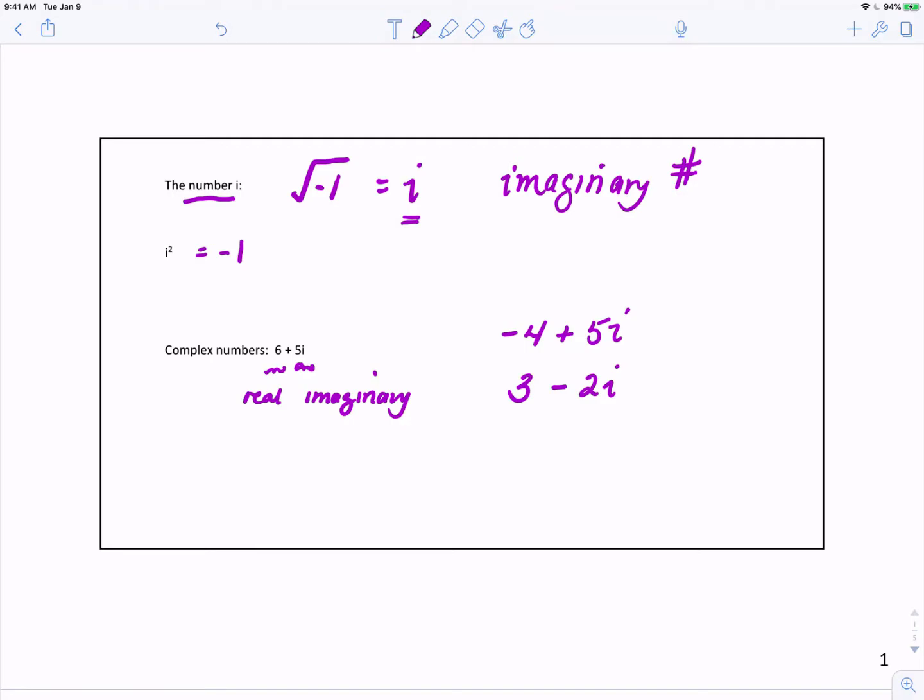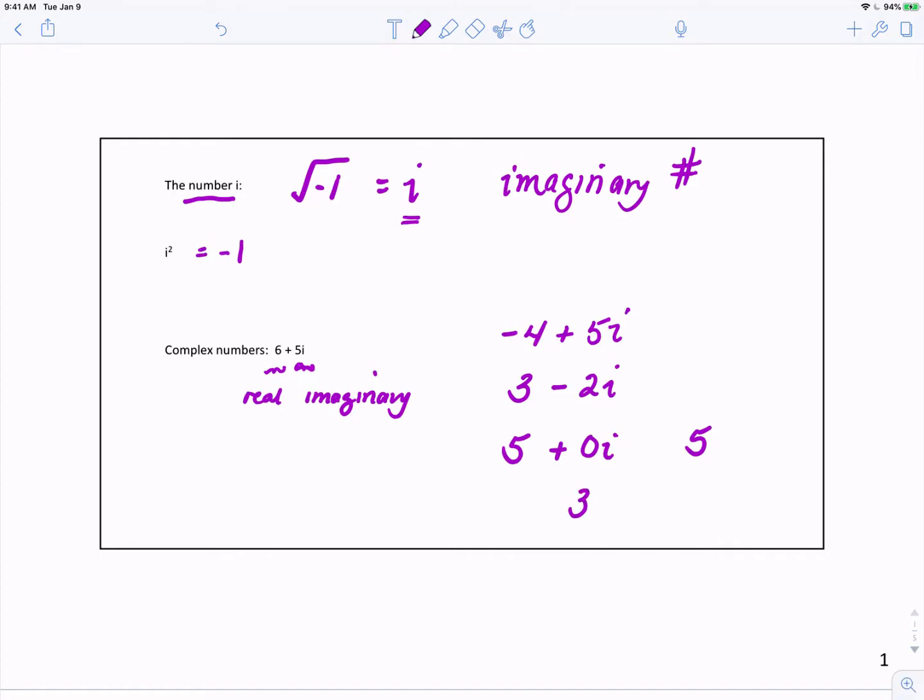Now, a complex number can be of the form, let's do it the other direction first, for example, 5 plus 0i, or in other words, 5. We can think of the number 5 as a complex number. We might just say it has 0i for the complex part.